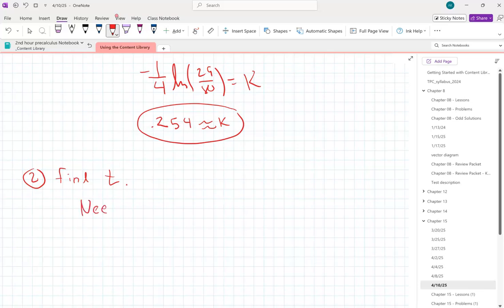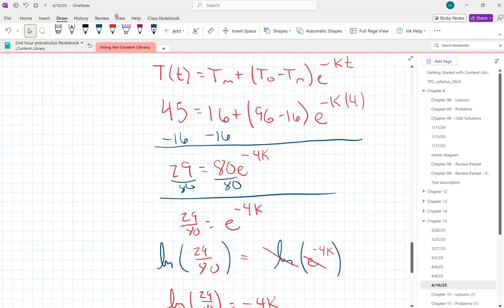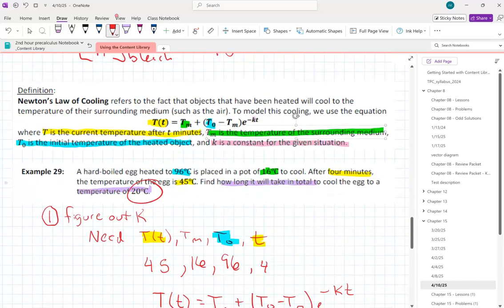So we're going to need a T of t, a T naught, a Tm, and a k. Well, we have our T naught, that was 96. We have our Tm, that was 16. We just found our k, that was 0.254. That future temperature that we need is the 20 degrees.